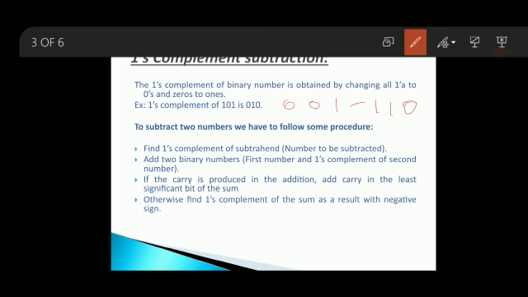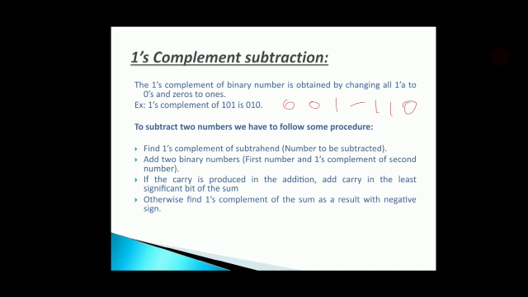Now, to perform ones complement subtraction, you have to follow some procedure. To carry out a subtraction, you need two numbers, first number minus second number. The second number is called the subtrahend.